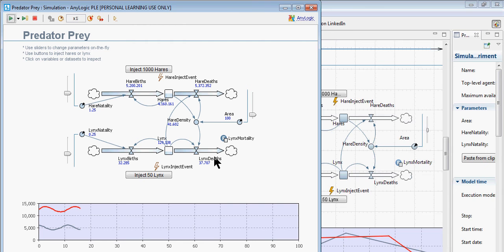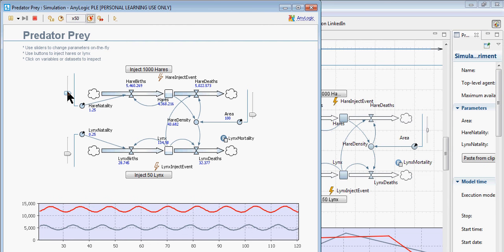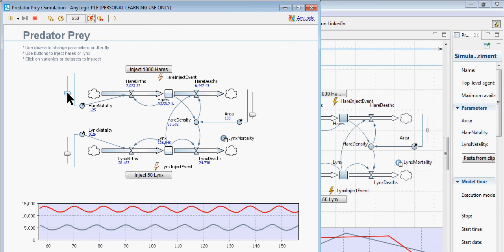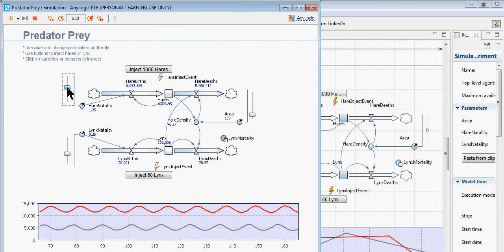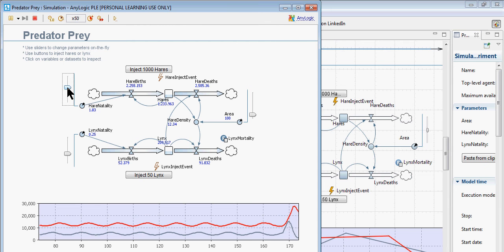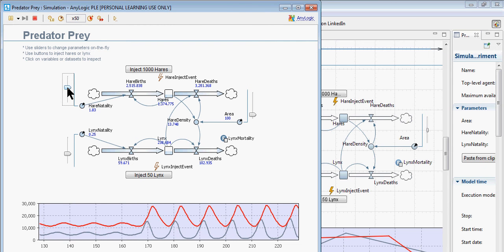Okay, over time, right now there's about 4,900. I'll pause it for a second. There's about 4,100 hares, 129 lynx, and over time, rate of deaths. So within the past year, there've been 5,172 hare deaths and about 5,200 hare births. Okay, and then lynx births, about 32 births in the past year and 37 lynx deaths.